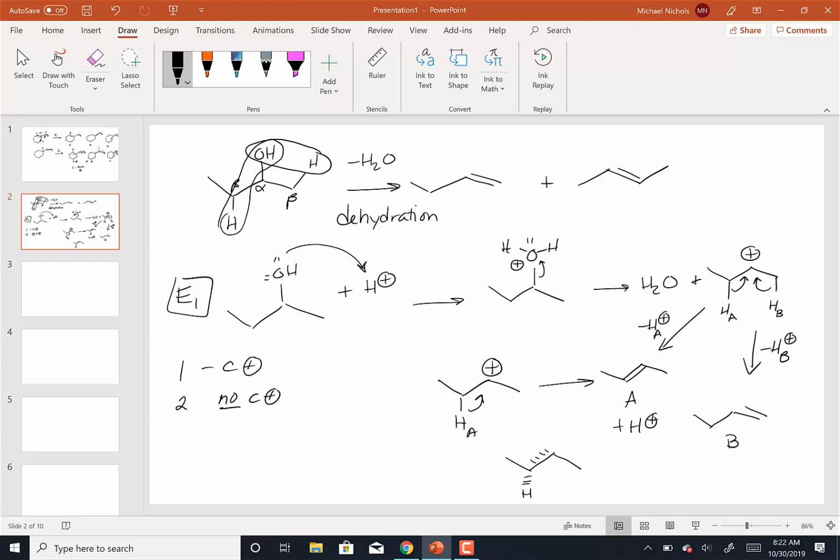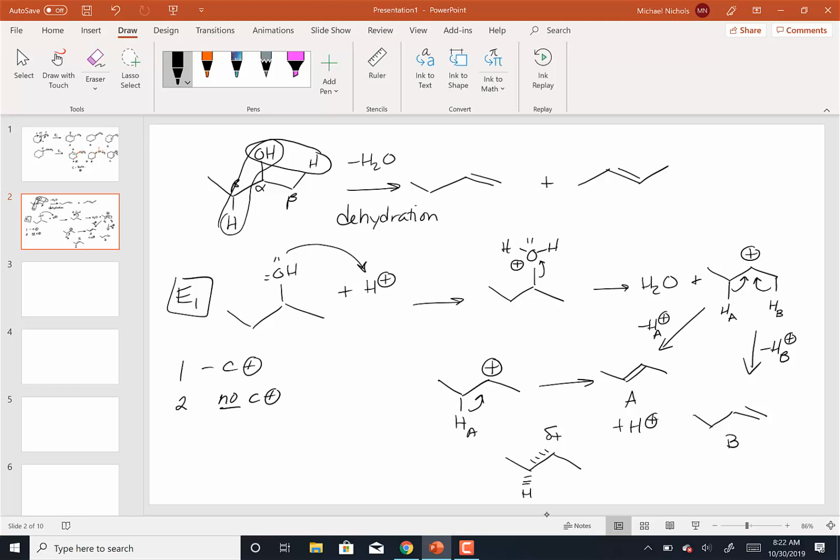Then we're going to average the charges. To be honest, we don't even have to think about averaging the charges. What we have to think about is every atom that has a plus charge in the reactant or product, that's where the delta plus is going to go. So this carbon has a plus, so it's going to have a delta plus. And what else needs the delta plus?